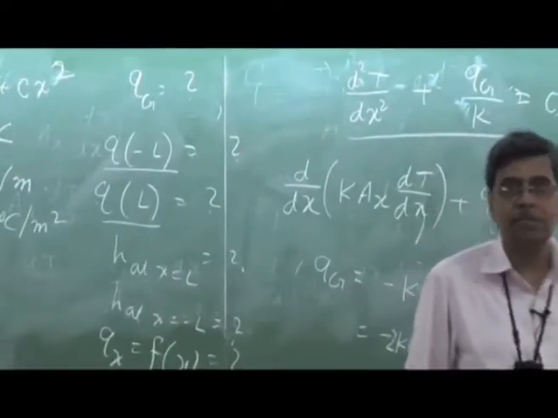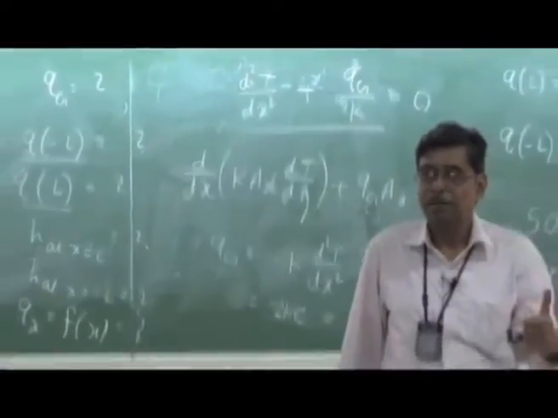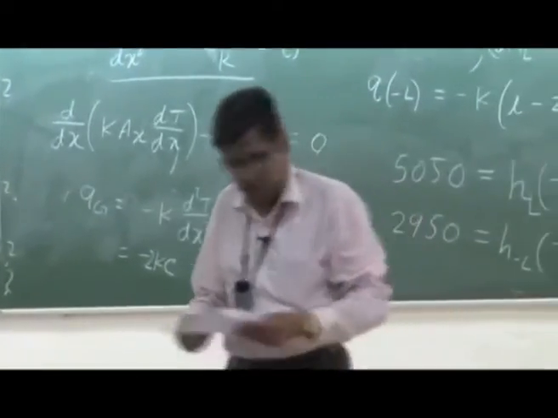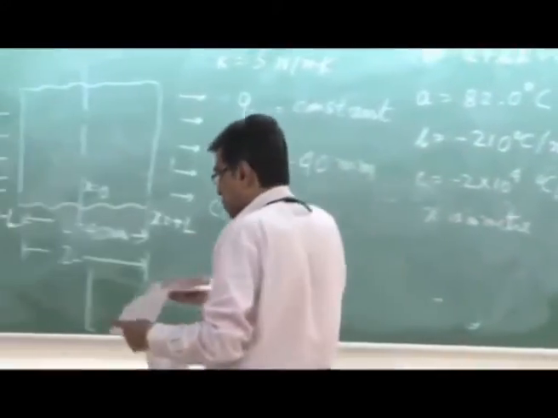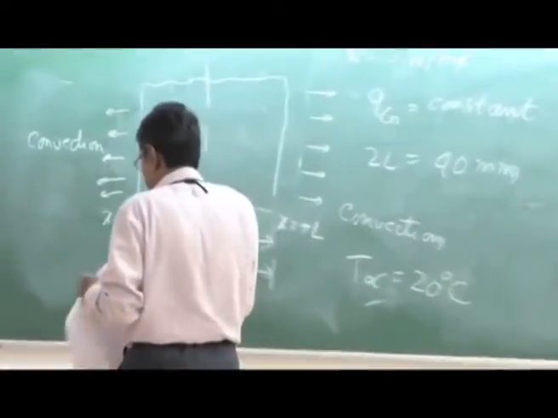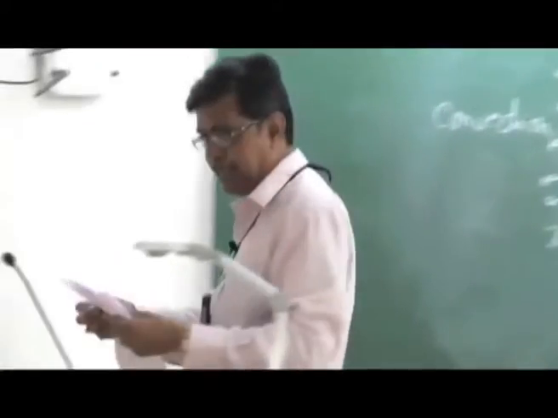Clear? Any question for this problem? Very simple problem. Okay. So these problems are very simple, and in examinations also this type of problem will come. Now there will be a problem which is a little different from what we have done so far.